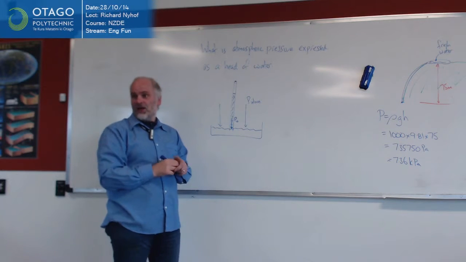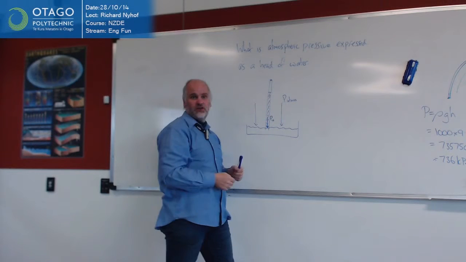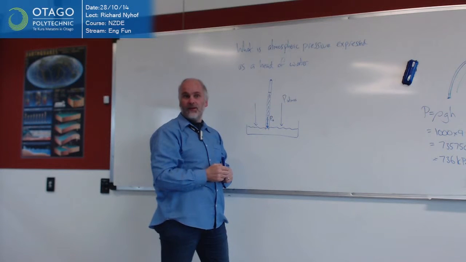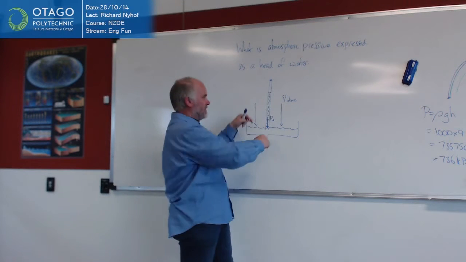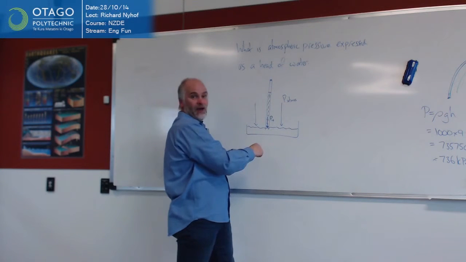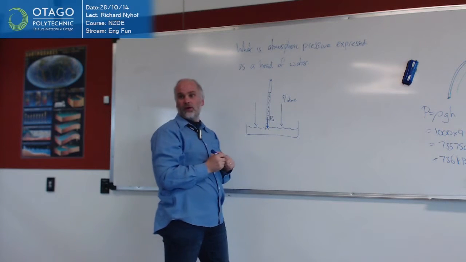Then it'll be balanced out, because what's trying to push it up the tube will be exactly equal to what's pushing it down the tube. And we can work out what that height is. So this is atmospheric pressure, the same amount, expressed as a head or height of, in this case, water.